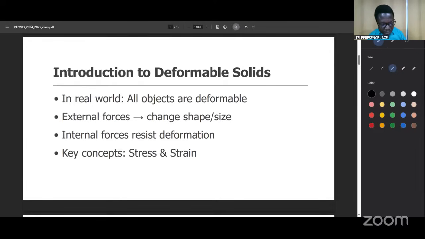That means it failed. At times you stretch a thing and it will just crack. Or you stretch a thing and you discover that by the time you remove the force, it is permanently deformed. So the amount of internal force in the material determines whether the material will fail, fracture, or be permanently deformed.